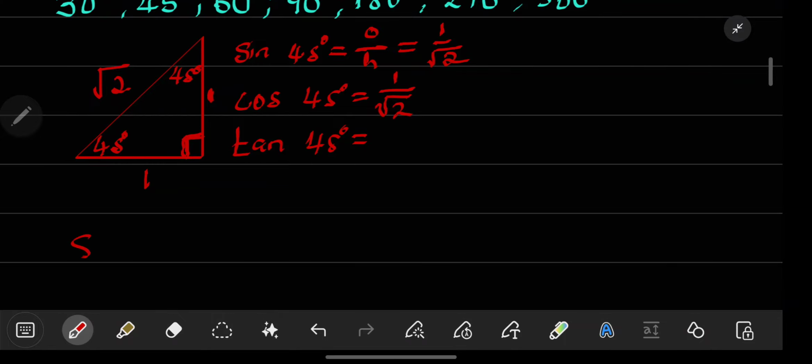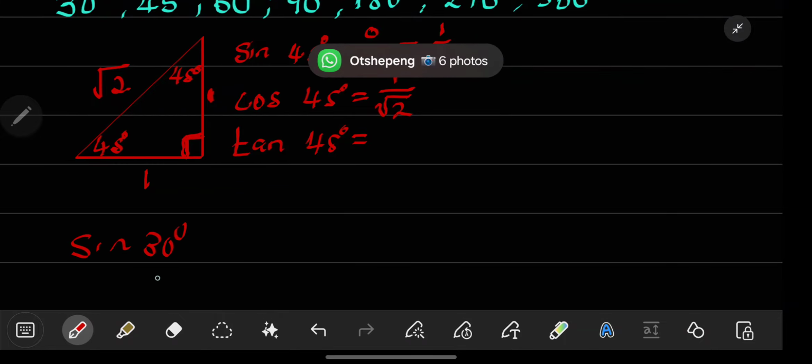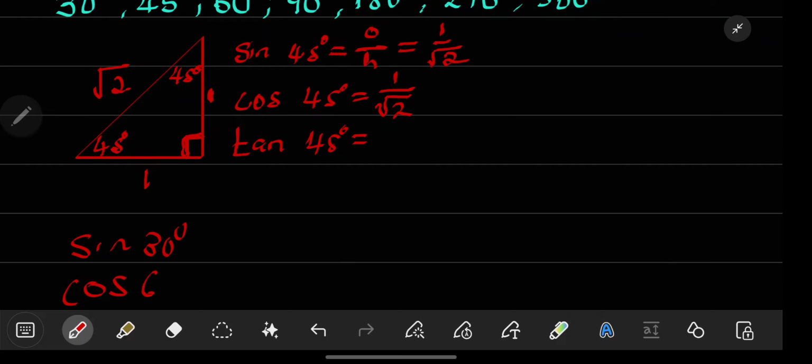We'll come back. If I say sine 30 degrees and cosine 60 degrees, 30 and 60 add up to 90, meaning the answer you get here is the same answer you will get there. That's why even there, 45 and 45 gave you the same answer.